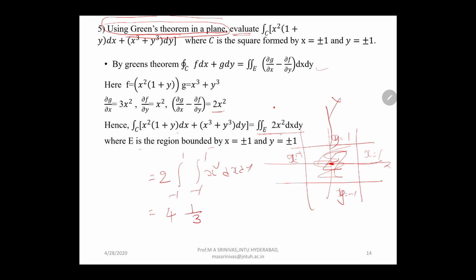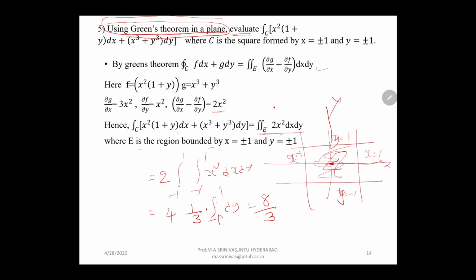So 1 by 3 into integral minus 1 to 1 dy, this is 2. Integral dy is y. If I substitute the limits, that will be 2. So 2 into 4, 4 into 1 by 3, that is 8 by 3. So the line integral value is 8 by 3. See how simple it is to evaluate a line integral if you use Green's theorem.